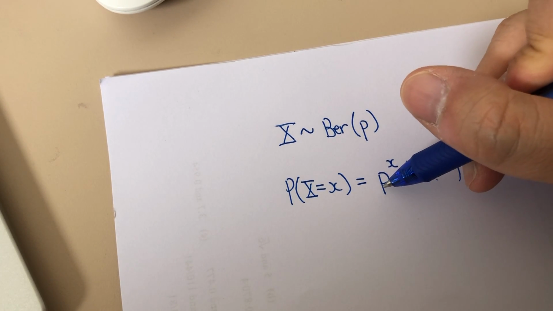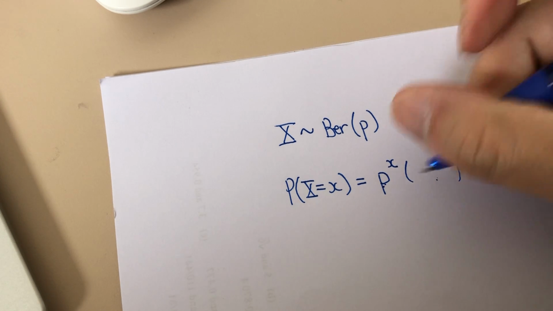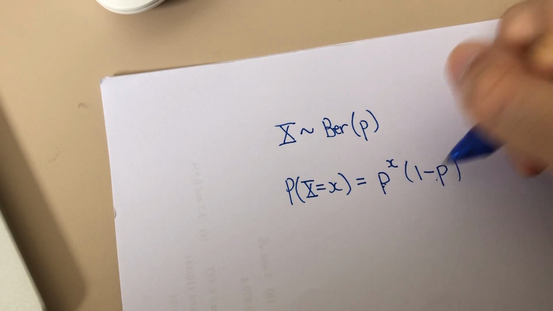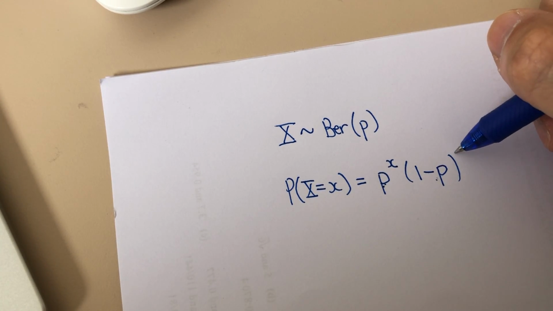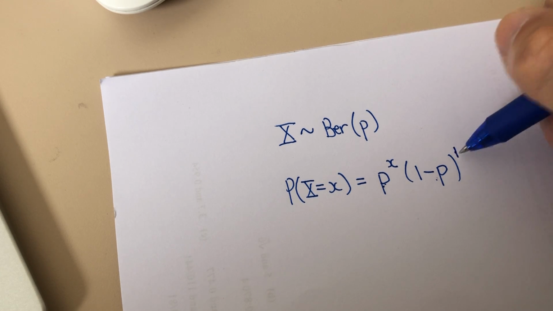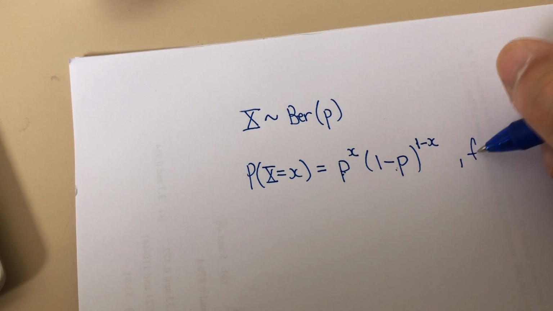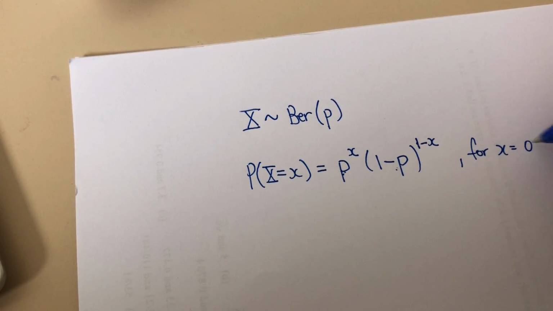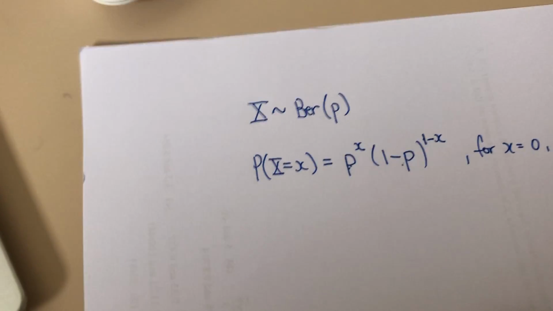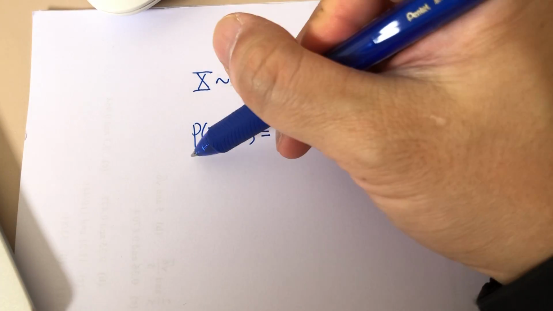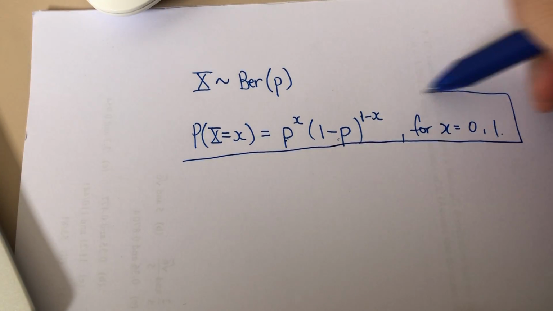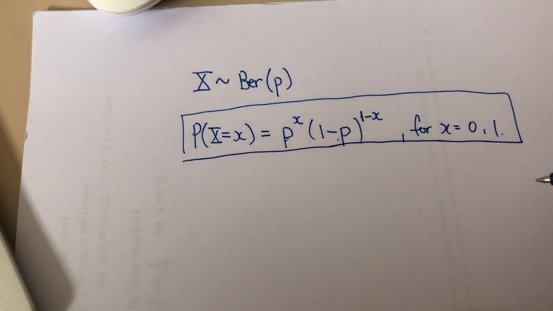If the success is p, the probability of failure should be 1 minus p. And then what about the power? The power is 1 minus x, because we know that in this case, x could be either 0 or 1. So this is the formula of Bernoulli distribution.